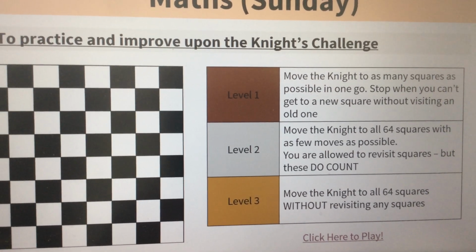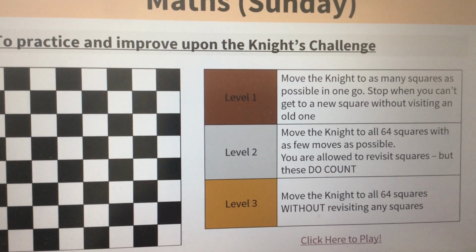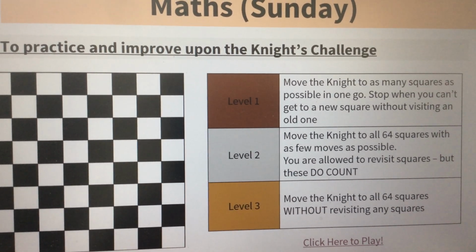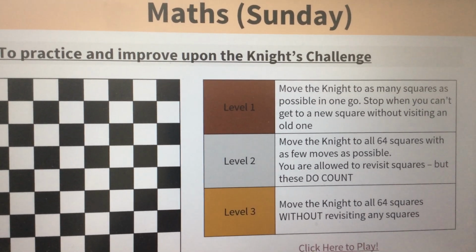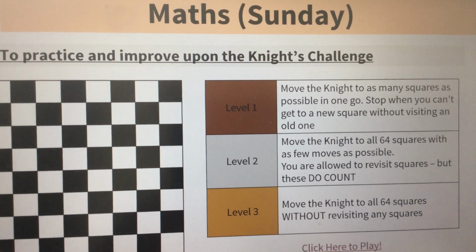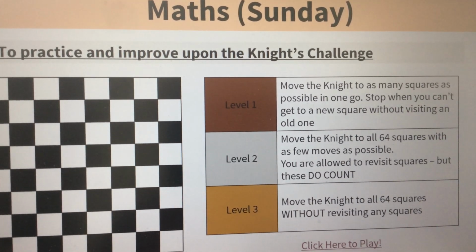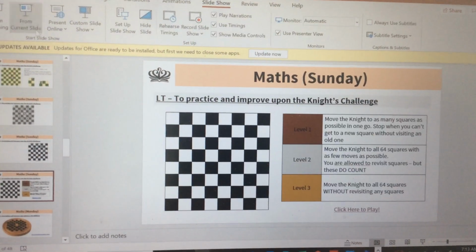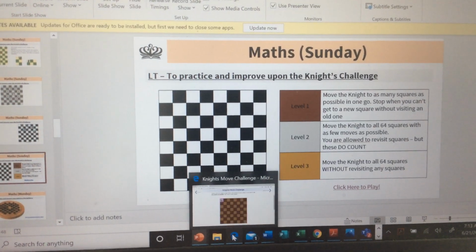So that's every single square on the chessboard with as few moves as possible. You are allowed to revisit squares, but these do not count. So if you get trapped and you have to go back to a square that you've already been on, that's okay. But it's going to add squares to it. Level 3 is to move the knight to all 64 squares without revisiting any squares. So you might need to play this a few times.